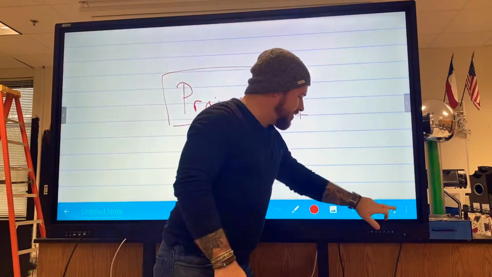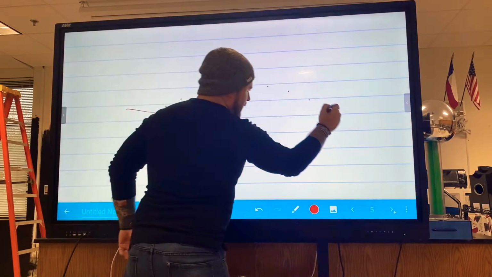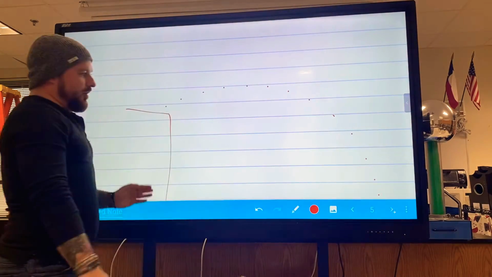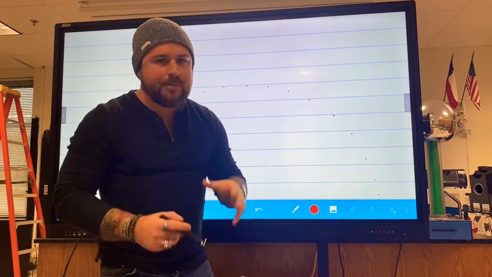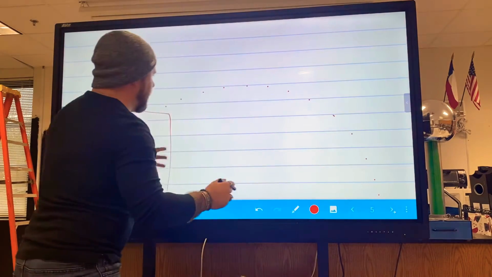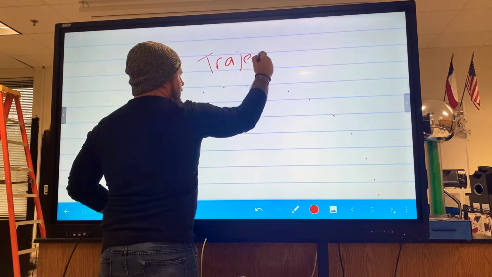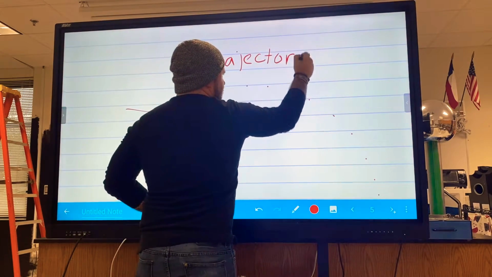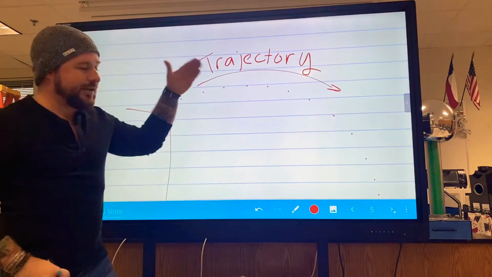So how does it work? Well, when I have a projectile, let's say I throw a rock off of a cliff, right? Well, on Earth, it's going to take a particular path, right? So that path we call a trajectory. This path is called a trajectory, right? It's the path that a projectile takes.